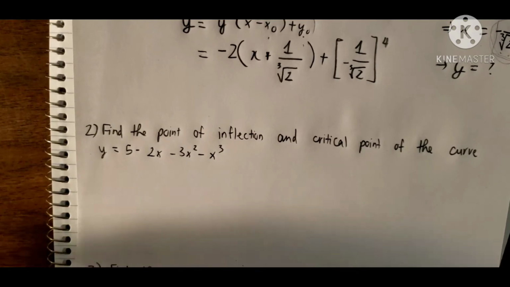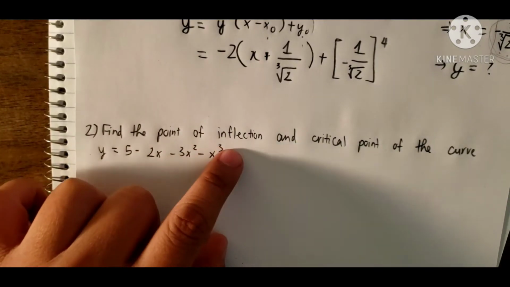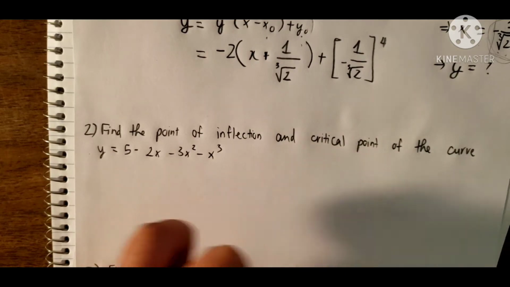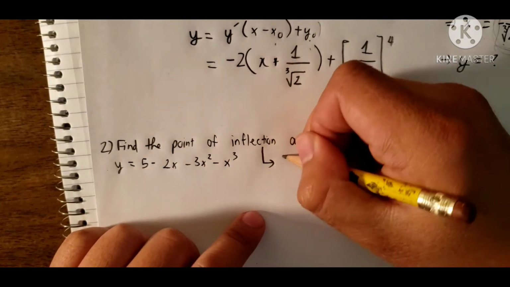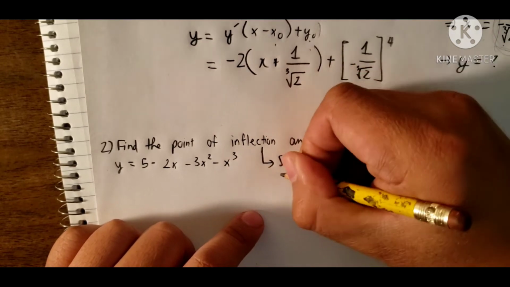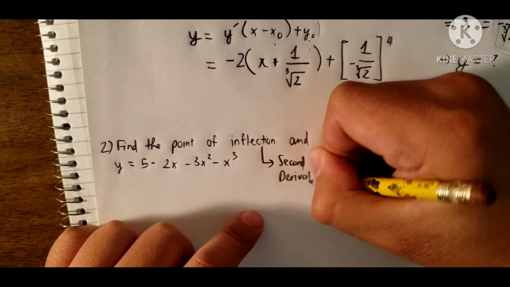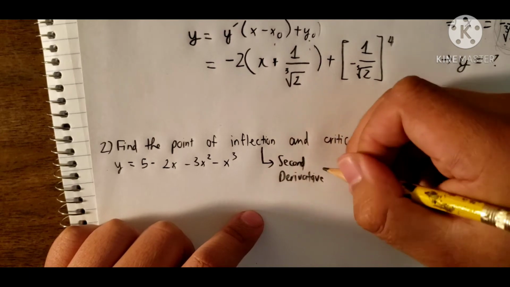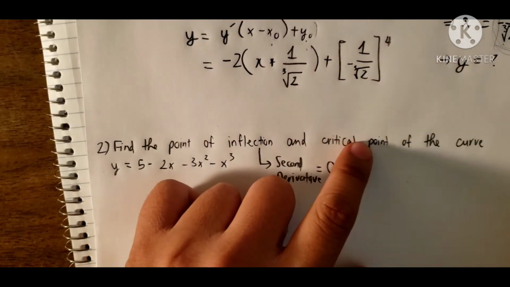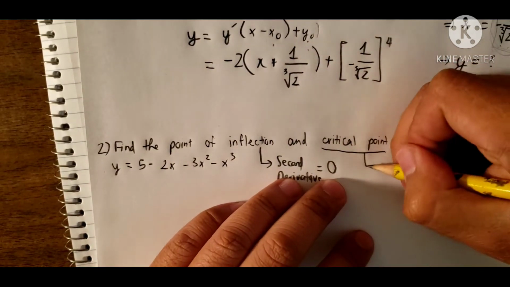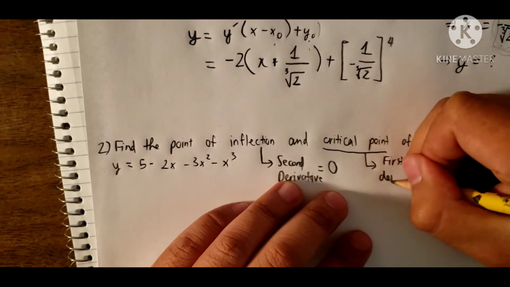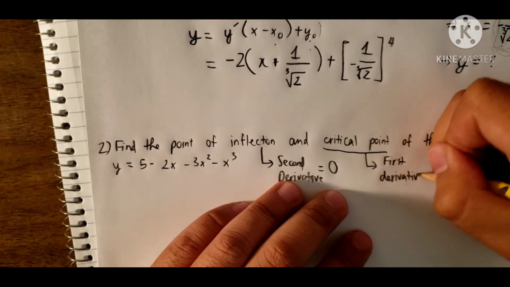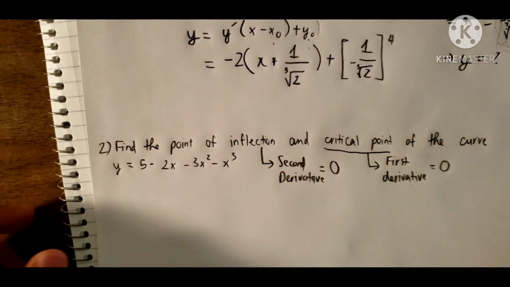The next one, find the point of inflection and critical point of this curve. The inflection point is about the second derivative, then you put it to 0. Critical point is about first derivative, and you put it to 0.